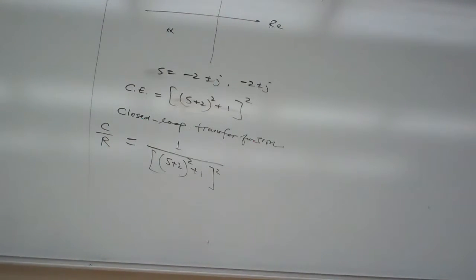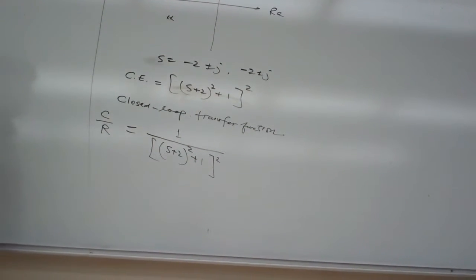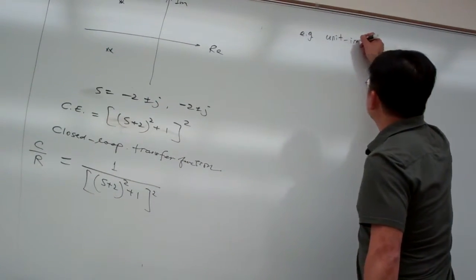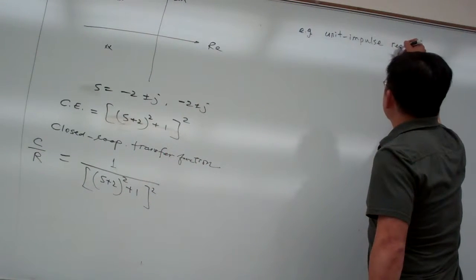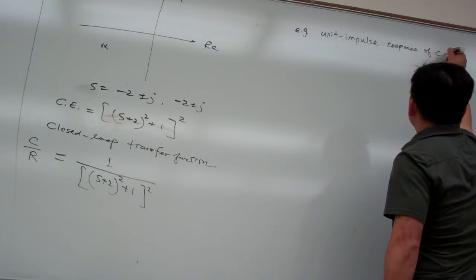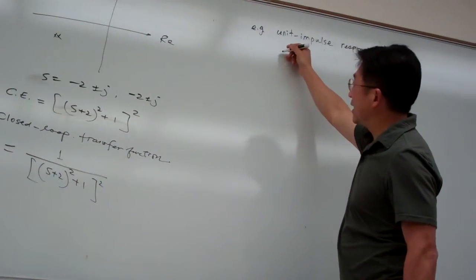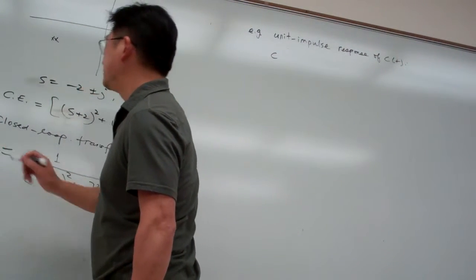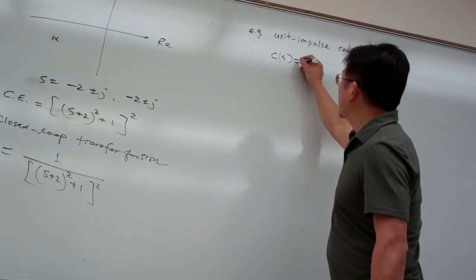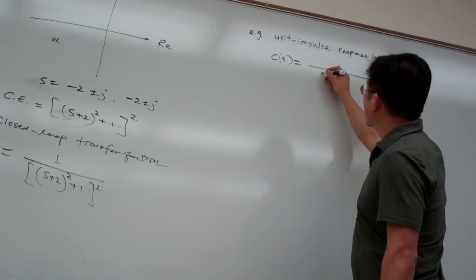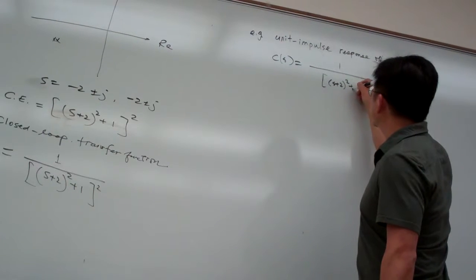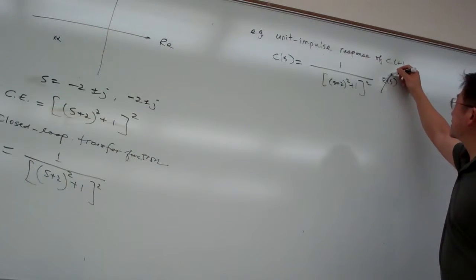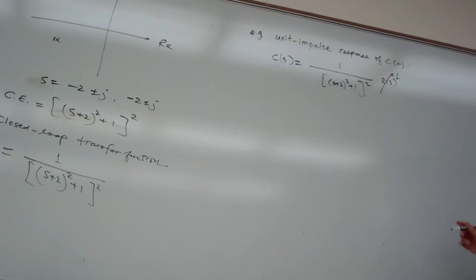Say we calculate the unit impulse response. C of s will be equal to this transfer function times R of s, and for the unit impulse, R of s equals 1.